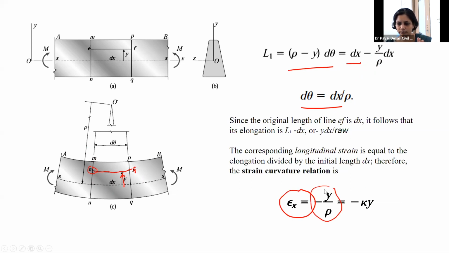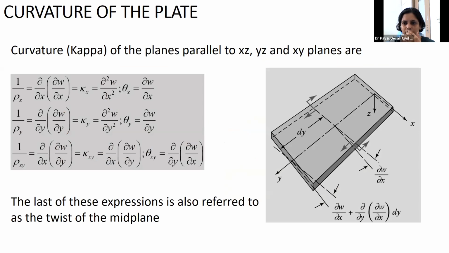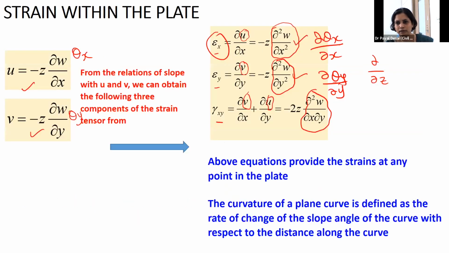And these observations are very similar in case of the strain curvature relation in case of plate also, that minus y, so it varies linearly with respect to the neutral axis, increasing or decreasing. So minus y divided by rho, or 1 by rho is your curvature, so opposite of that. And then you may see here the similar observation, that strain curvature relation.